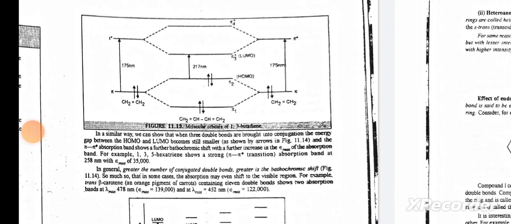In a similar way, we can show that when three double bonds are brought into conjugation, the energy gap between the HOMO and LUMO becomes still smaller, as shown by arrows in figure 11.14, and the pi to pi star absorption band shows a further bathochromic shift with a further increase in the intensity of the absorption band.